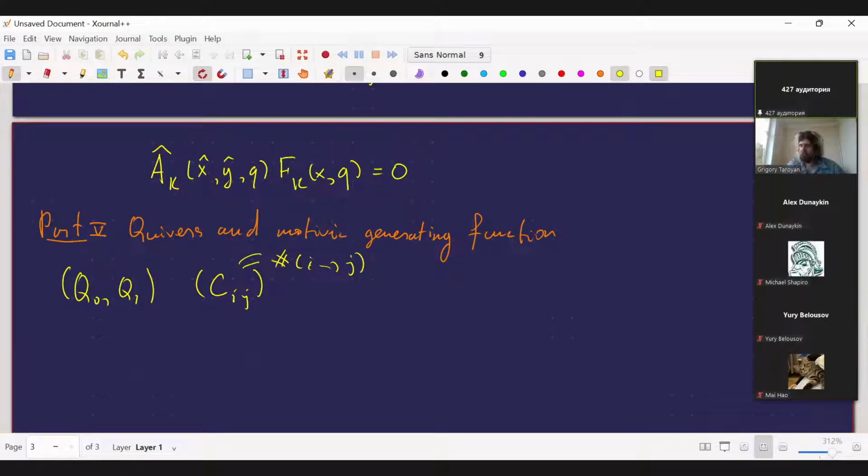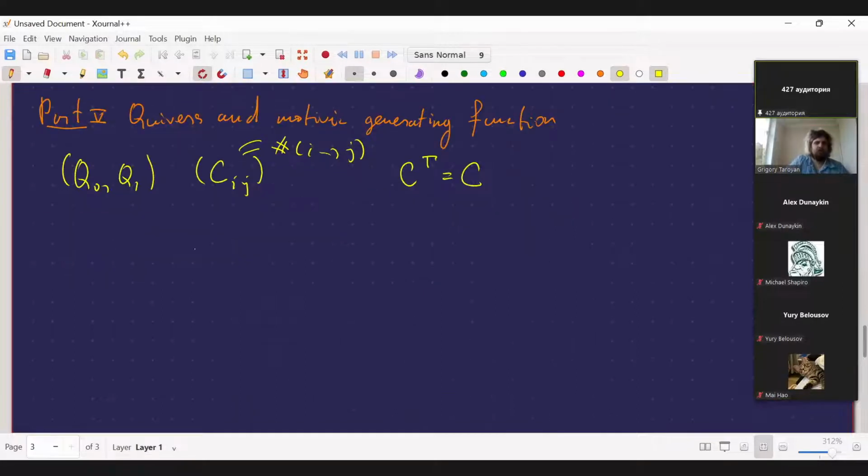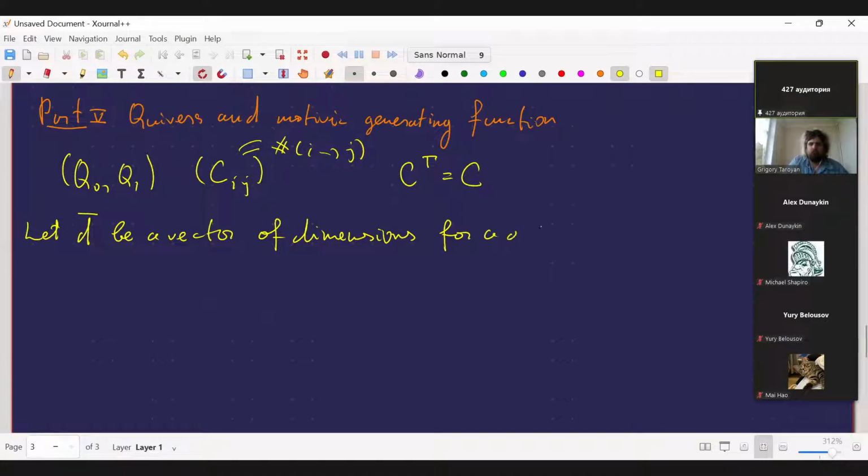Probably everyone knows that already, but still. So we consider symmetric quivers, meaning that the adjacency matrix is symmetric, and let d be a vector of dimensions.